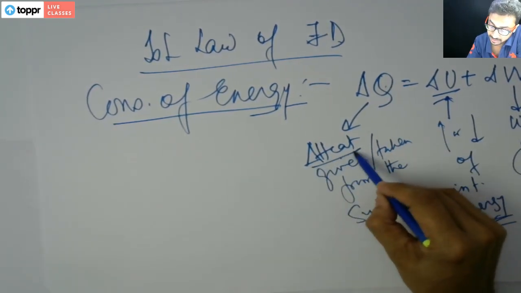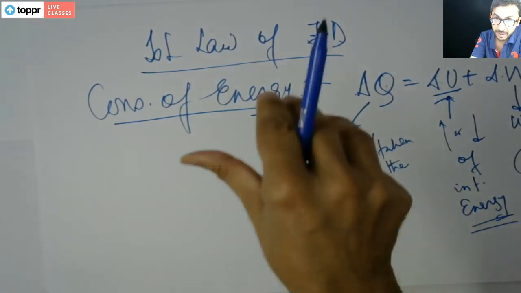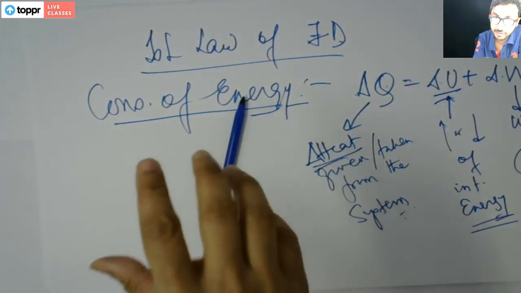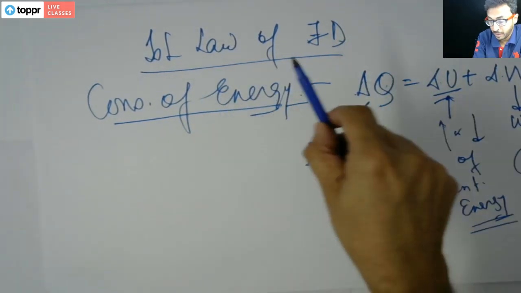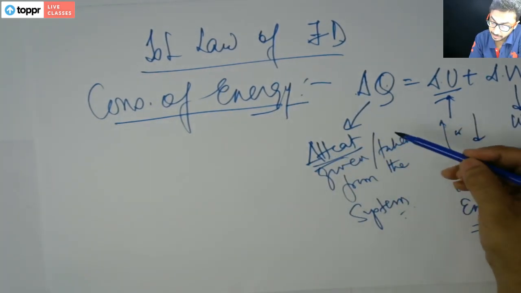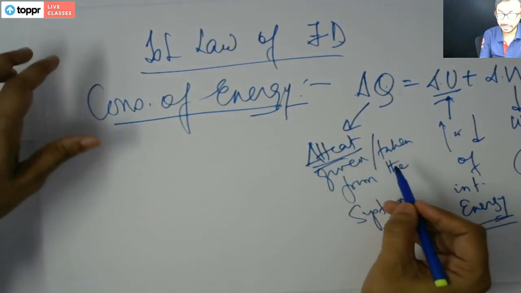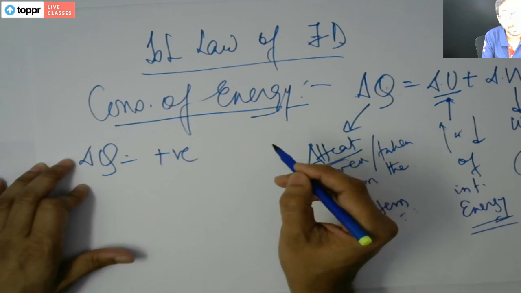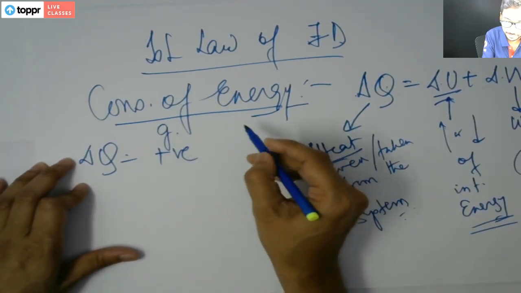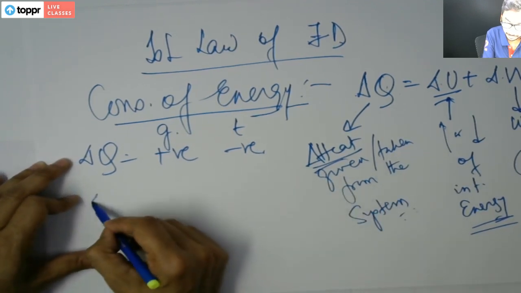Del Q is the heat given. Every time, del is nothing but something being added or subtracted; it is not a constant value. Del Q is the heat given or taken from the system. When heat is given, it will be positive. When it is taken, it will be negative.